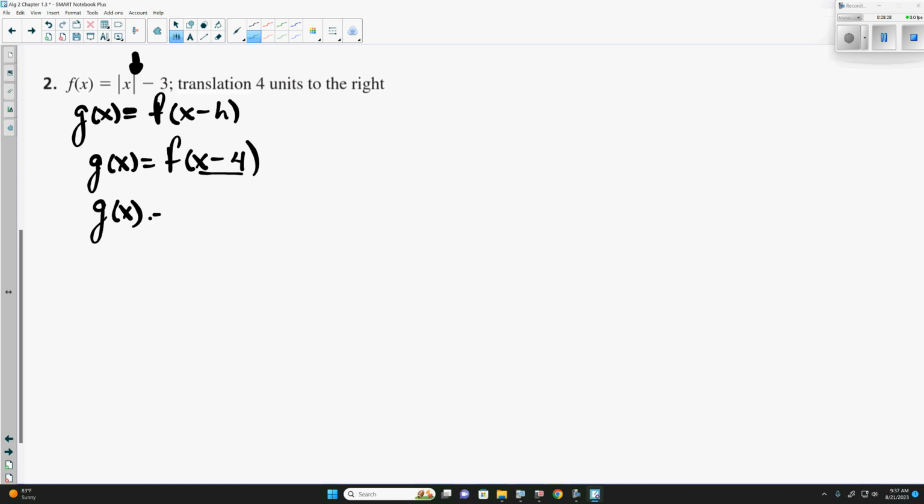So going through this here, we have the absolute value. But I'm replacing this x with x minus 4. Absolute value. Because that's the only thing inside the absolute values is just x. So now we just have the x minus 4. Minus 3.